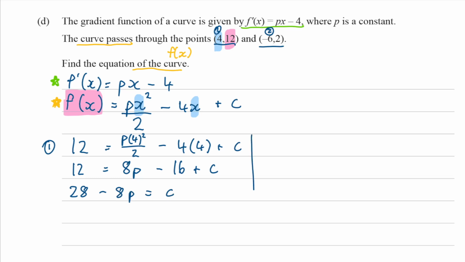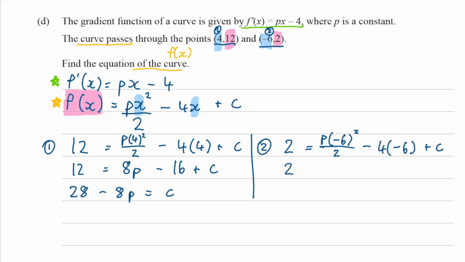Alright, so that was equation 1 using point 1. Now let's find equation 2 using our second point. Like before, in for x goes negative 6, and in for f of x goes 2. So we have 2 equals p times negative 6 squared over 2, minus 4 times negative 6, plus c.